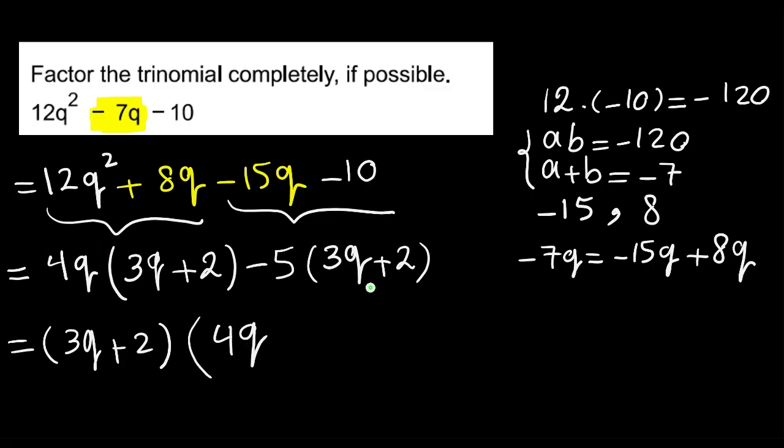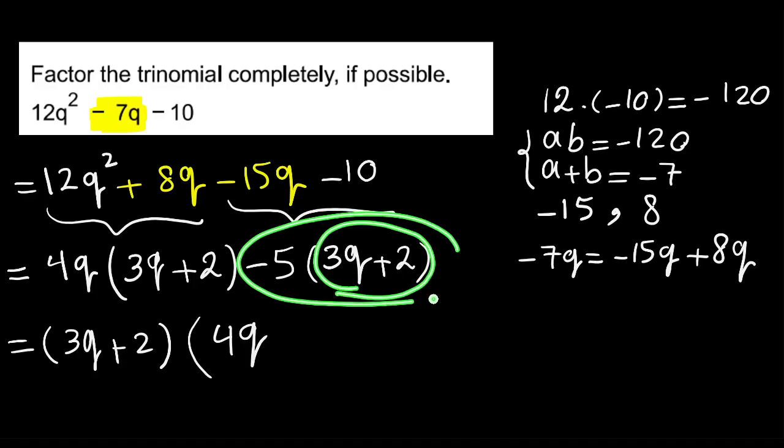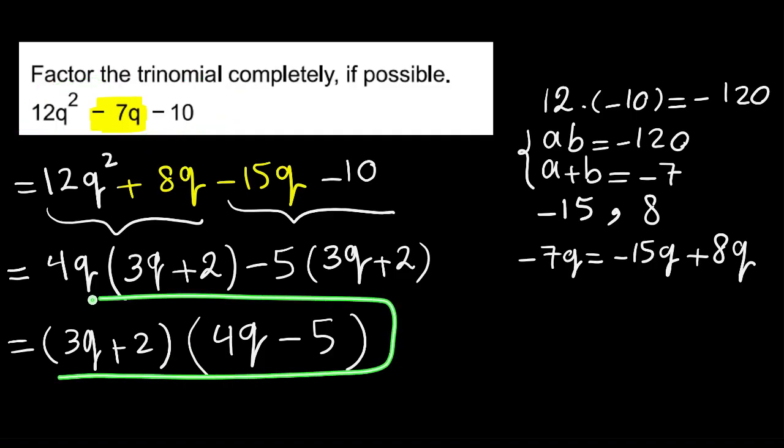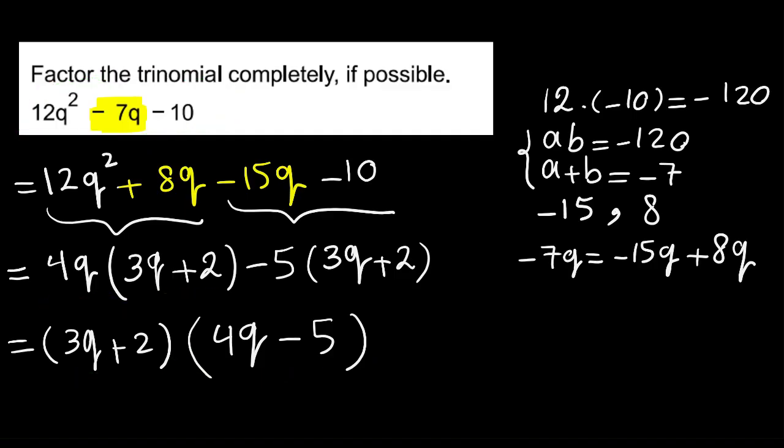And if we factor out 3q plus 2 from the second term, the remaining part is negative 5. And now you see that we factored 12q squared minus 7q minus 10 completely, and it's not possible to factor more. Okay, that's all about reviewing for test 1.